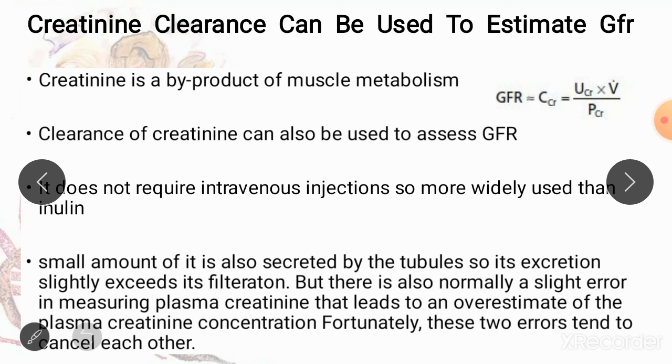And remember, both inulin and creatinine are helpful in giving you the values of GFR in any person, but inulin is more accurate while creatinine is safer, and there is no need to inject creatinine from outside as it is already present in your body.